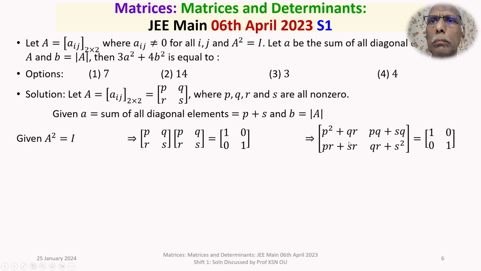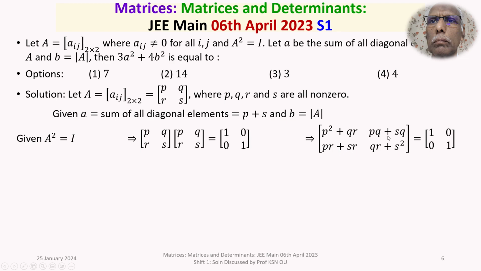Likewise, the other elements are computed and equated to the identity matrix 1 0 0 1. Now equating these anti-diagonal elements, that is PQ plus SQ to 0 and PR plus SR to 0.